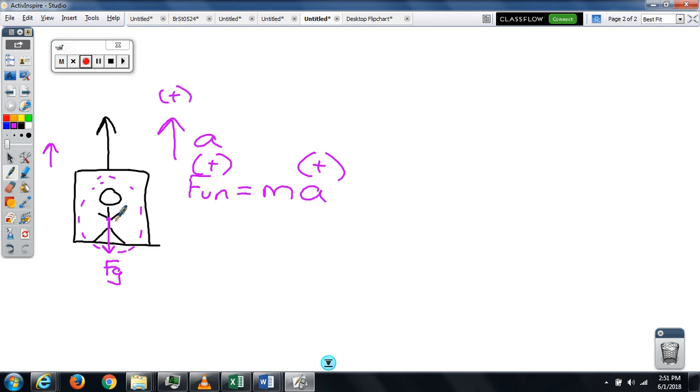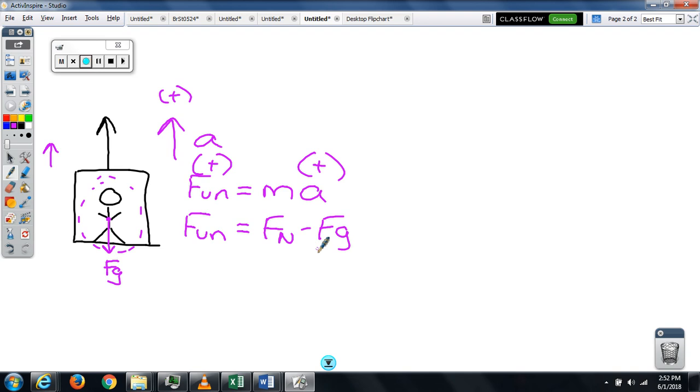So Fn has to be, if you have your mass and you know what the acceleration of the elevator is, that determines the amount of force that's needed to accelerate you. Fn has to be that much more than Fg. You can always get to that result by saying that the normal force minus Fg has to give us our unbalanced force, because the difference between the two gives us what's left over.